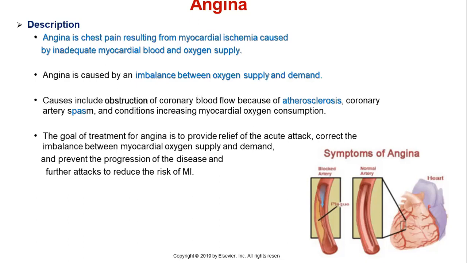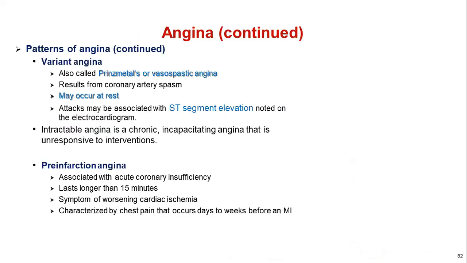Otherwise, it leads to myocardial infarction. Myocardial infarction occurs because of occlusion of blood flow with necrosis of the tissue, right? So what next? Here it shows the types of angina.